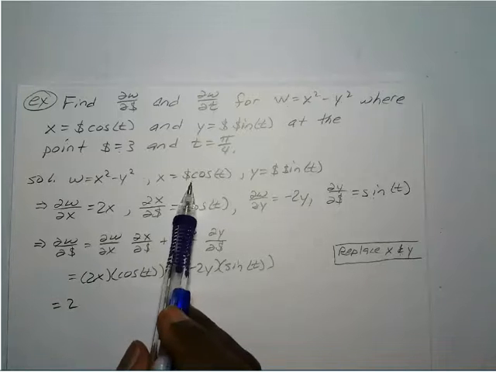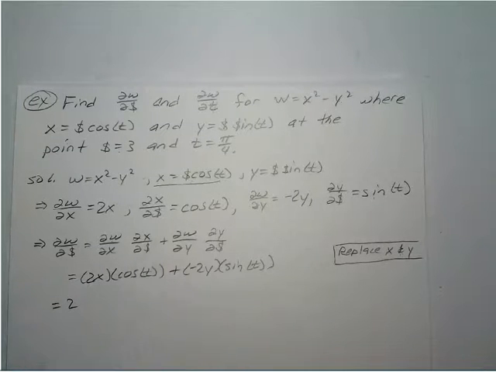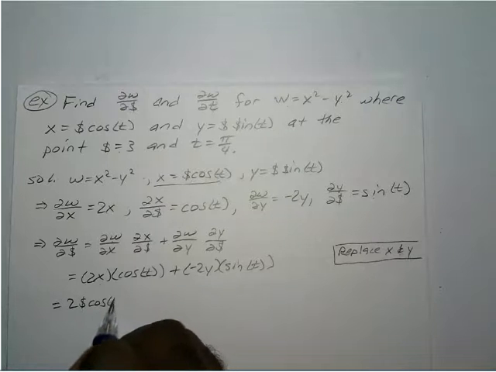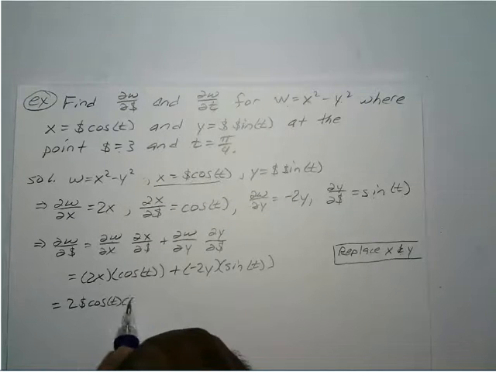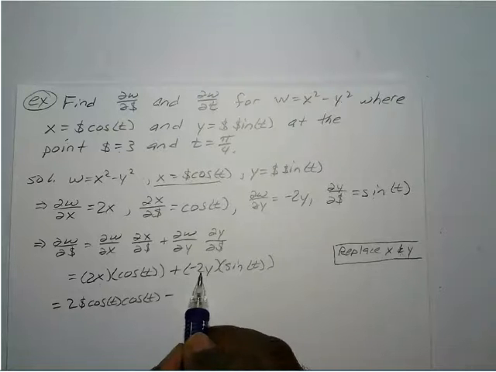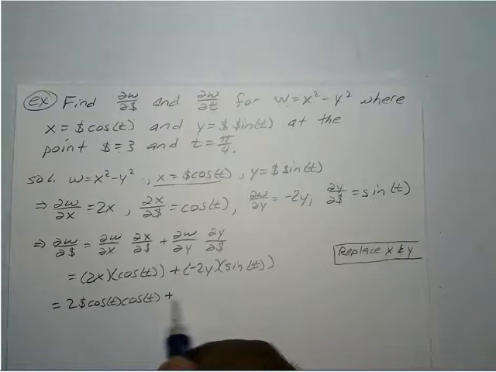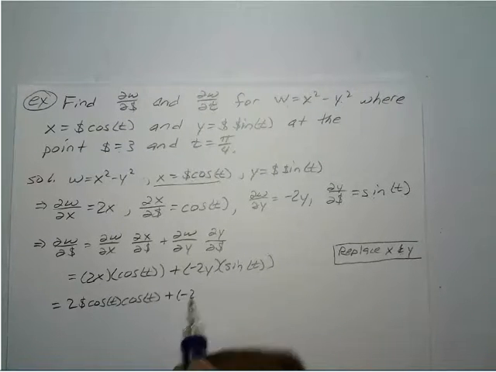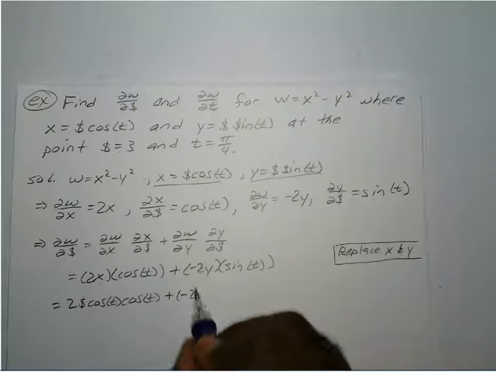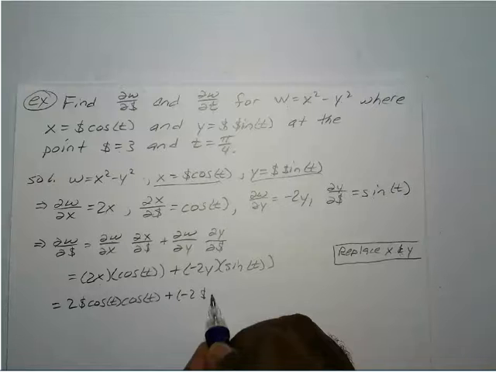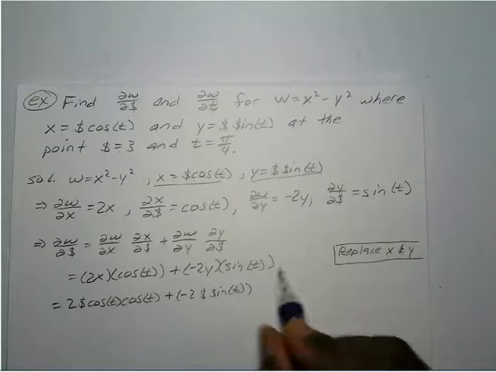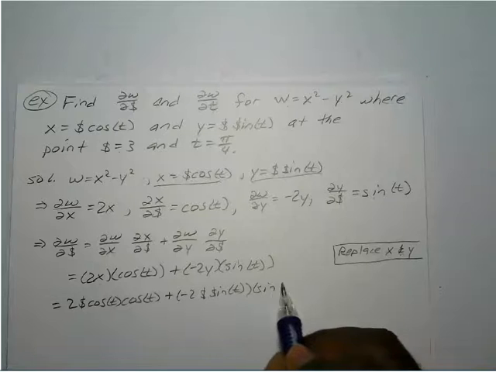So remember, that's 2 times s cosine of t times cosine of t. We can say minus or plus negative 2, doesn't matter. Plus negative 2 times y. Remember, our y is s sine of t times sine of t.